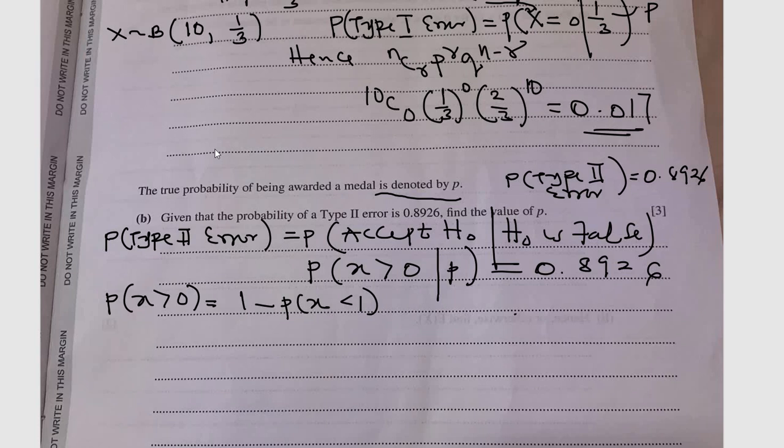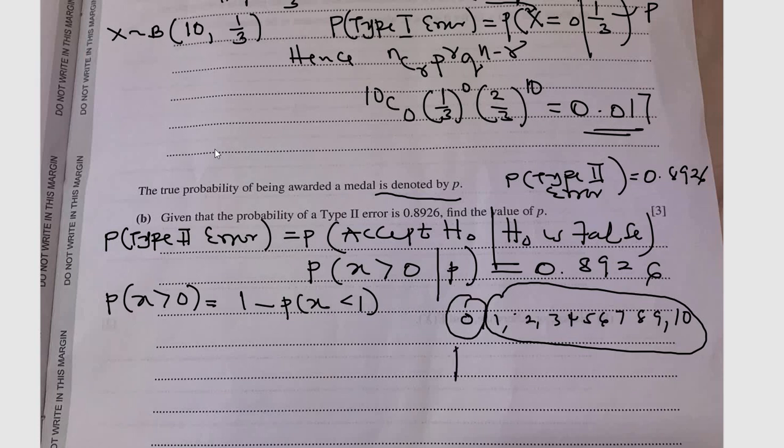It's 10 Mathletes exercise. Let me list it so you can see: 0, 1, 2, 3, 4, 5, 6, 7, 8, 9, 10. So I'm looking for the probability of when X is greater than 0. The opposite is when X is less than 0. All these ones are greater than 0. So when it's less than 0, it's the probability of when X is 0.